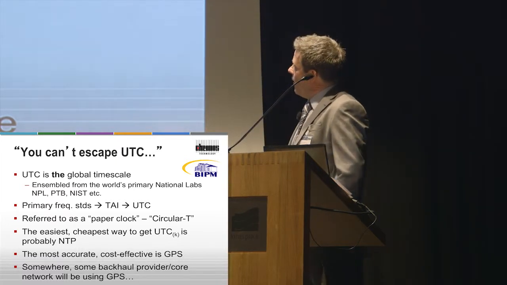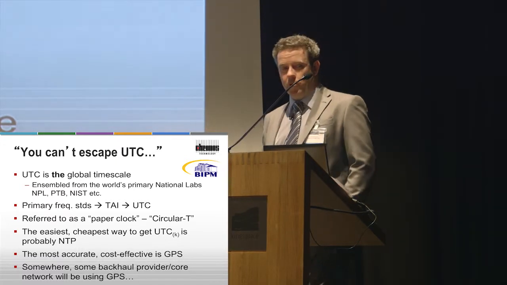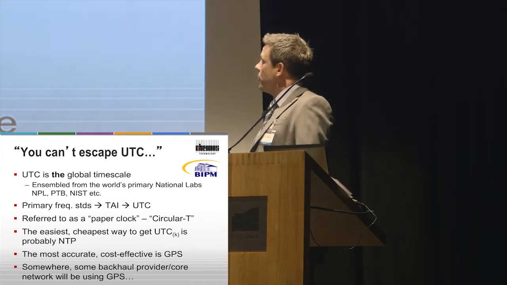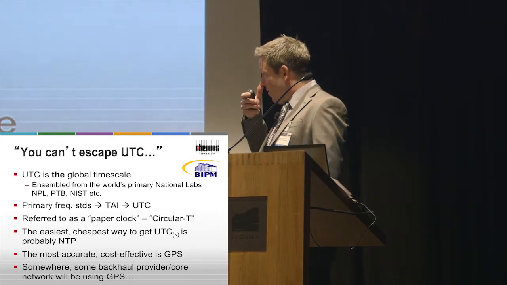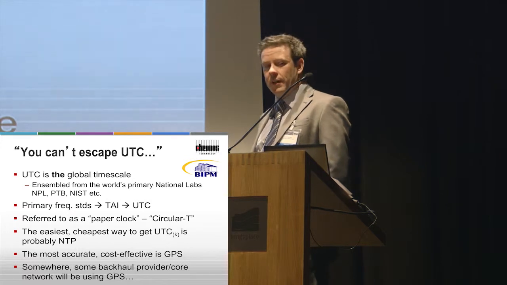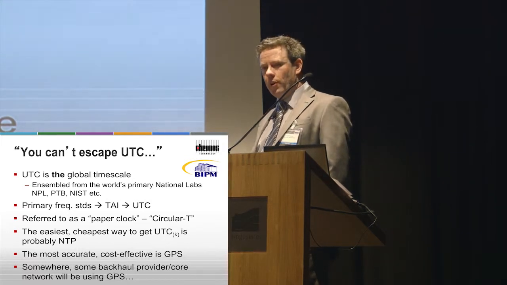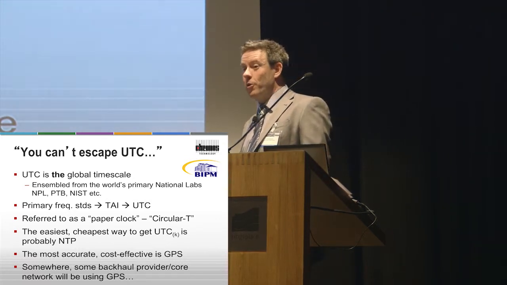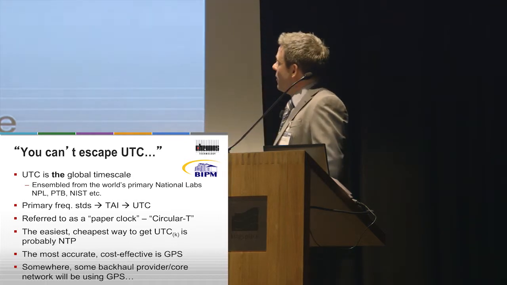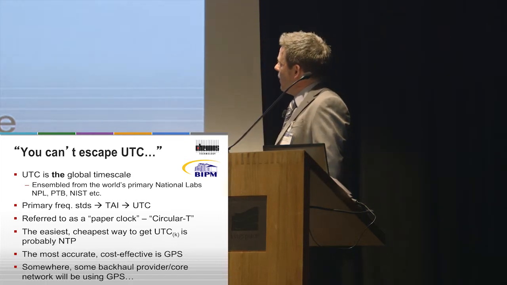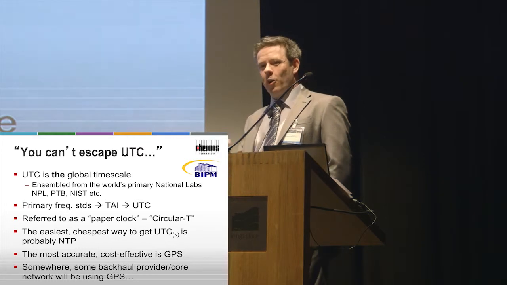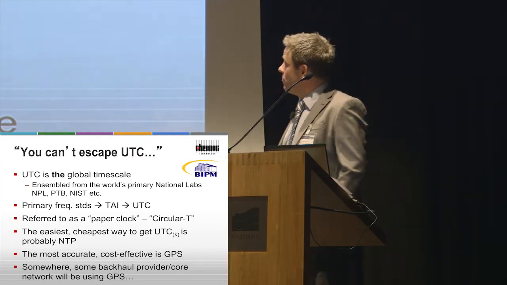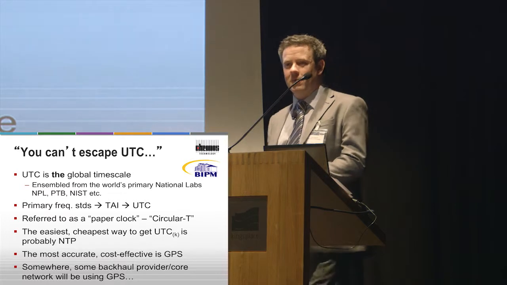So in this country, it's NPL, the National Physical Laboratory in Teddington, that contributes into UTC. If you connect to the MSF time signal, the radio signal from Anthorn, then you're connecting to NPL's contribution to UTC. When the Circular T is published by the BIPM, you can then go back and see how close you were to it in the past. So it's referred to as a paper clock because it doesn't exist in the present.